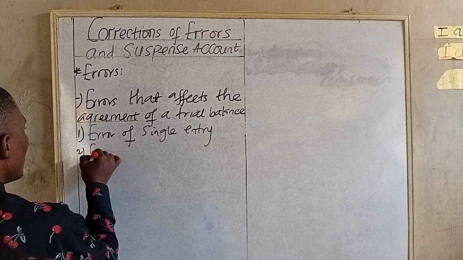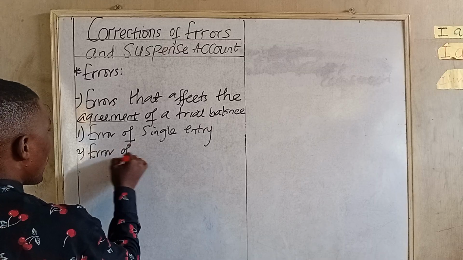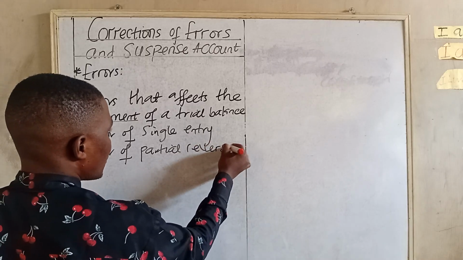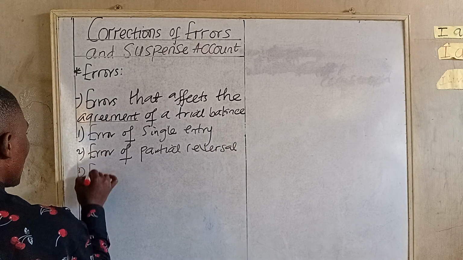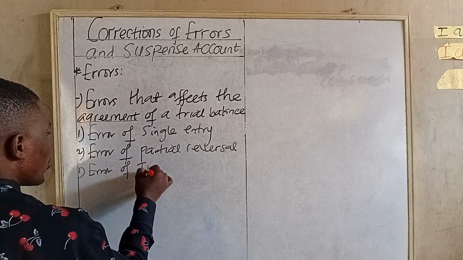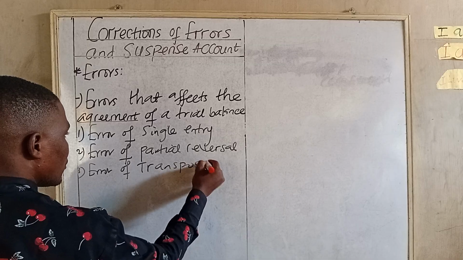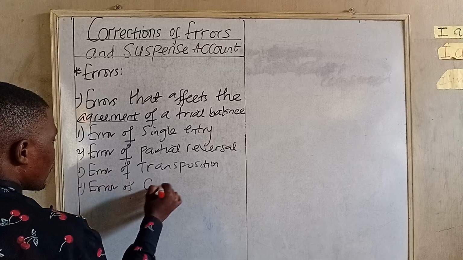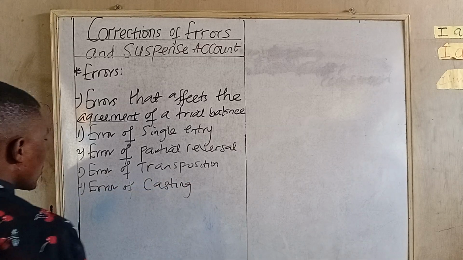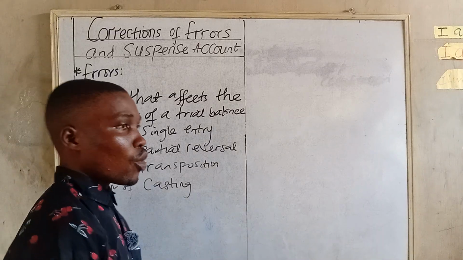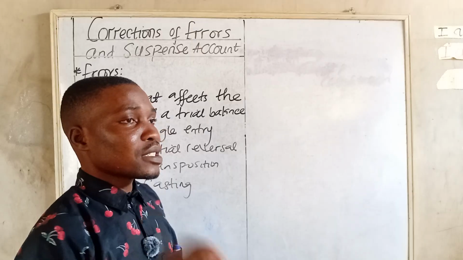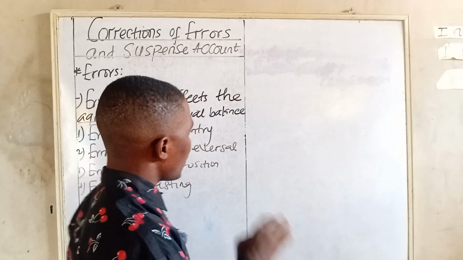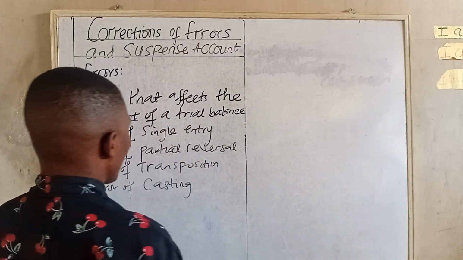Number 2, error of partial reversal. Number 3, error of transposition. Number 4, error of casting. So these 4 errors, whenever they occur, they affect the agreement of trial balance. It means that your trial balance will not balance.